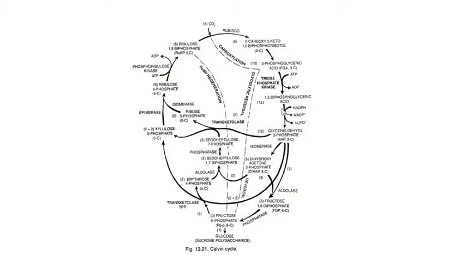A phosphate group is also removed in this step, and 3-phosphoglyceraldehyde is formed. This is the second step of the reduction phase, carried out by the dehydrogenase enzyme. Up to this point, the reduction process is over.